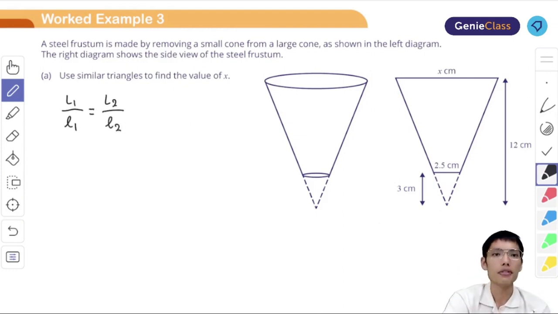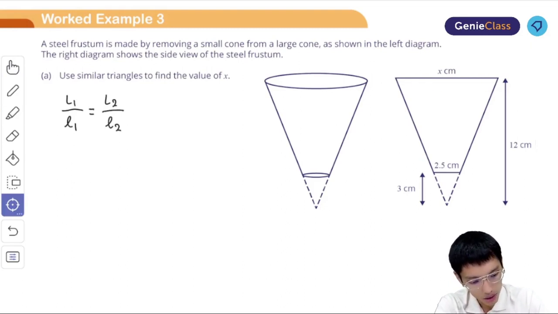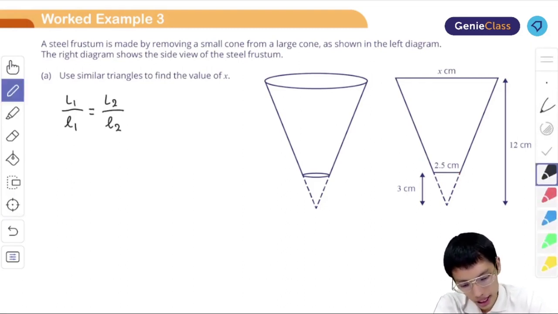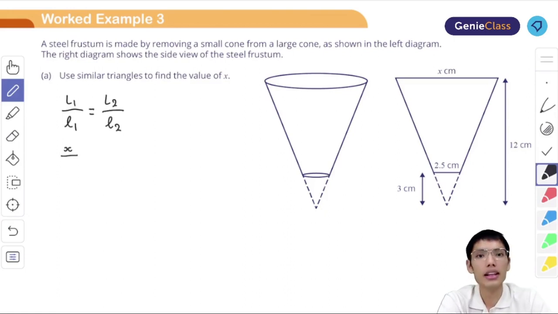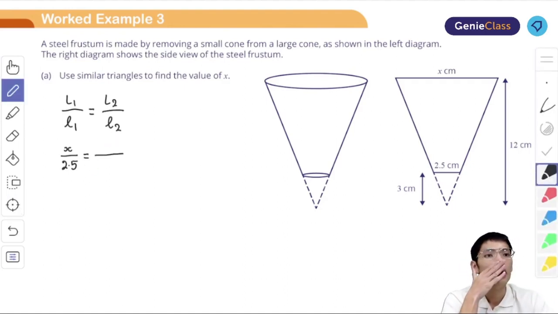So let's say my first big side, I will do x over 2.5. Then can anybody tell me what are the other two numbers I can fill in for my similar triangle fraction on my right hand side? What are the other two numbers? Anybody who wants to try?